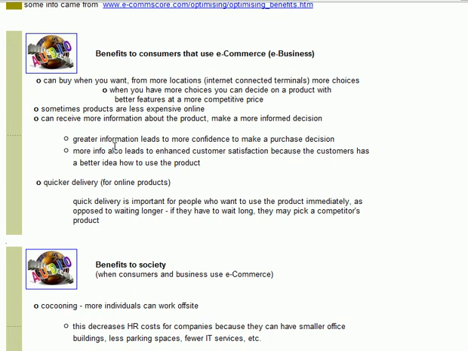The phrase here is, by having things on a website, you allow the customer to buy underwear in their underwear. Sometimes products are less expensive online because you don't have the same amount of marketing that goes into the traditional channels. And you can also get more information. Have you ever been into a store and you pick up a box and there's just a few words printed on the outside cover, and you didn't really know if it fit the purpose that you wanted?